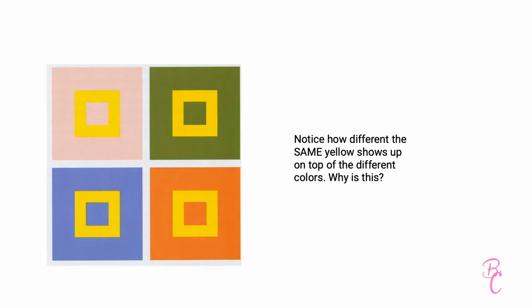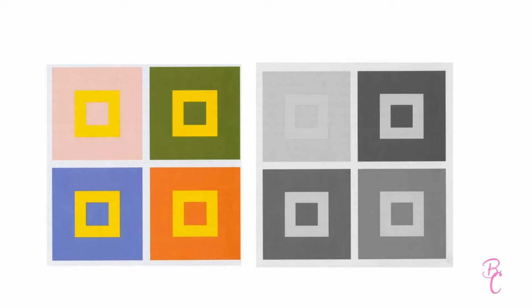So let's scientifically break down why this is exactly. Now I'm gonna go to my next slide where we have the gray value. I basically took this image and put it into grayscale. That's all I did. It wasn't a magic trick. And you can see that the yellow color on the top left square is almost the same value as the background square.